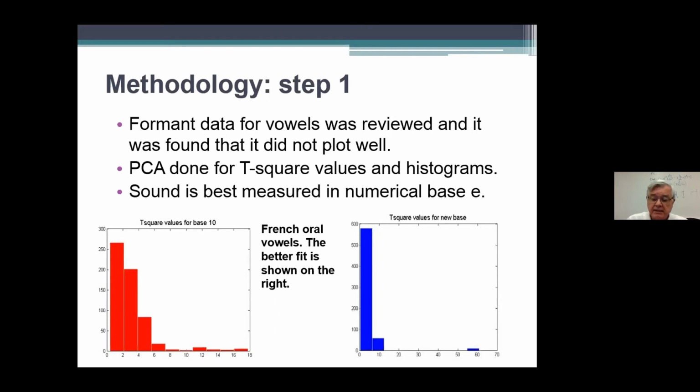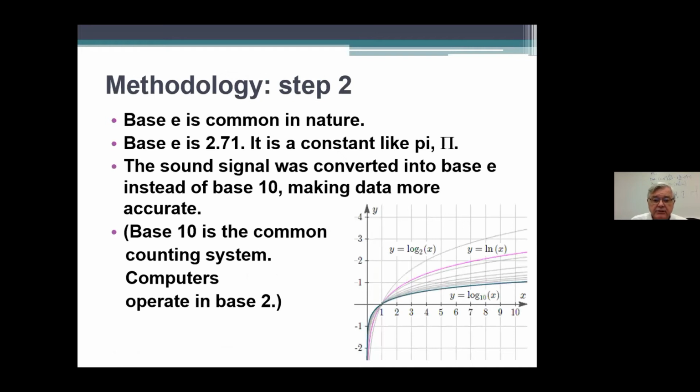Base E is a log scale, and it looks like a very common product in nature. Base E is a numerical constant, you know, just like pi. So the sound signal was converted into base E instead of base 10, and we found that the data was much more accurate.